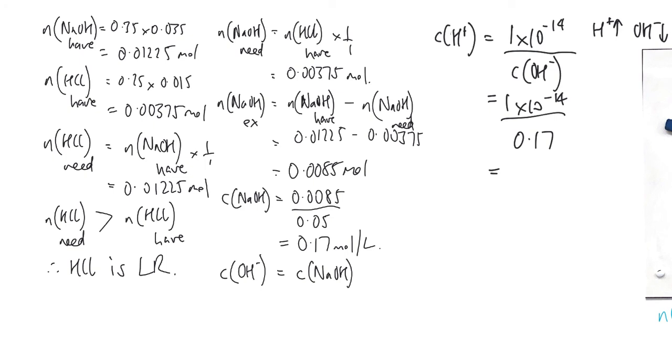I don't think I've done that right. New calculator. 1e to the negative 14 divided by 0.17. That's 5.88 times 10 to the negative 14.